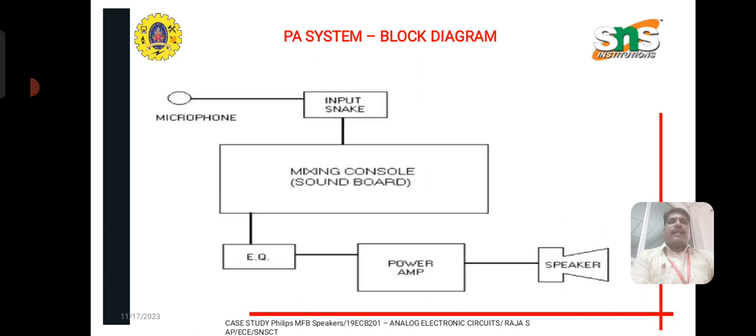This is the block diagram of a normal feedback-attached PA system, where the microphone is placed near the speaker. The input stage is the microphone transducer, which converts the sound into an electrical signal. The mixing console will apply filters. The equalizer will equalize the signal. The power amplifier will amplify the input signal.